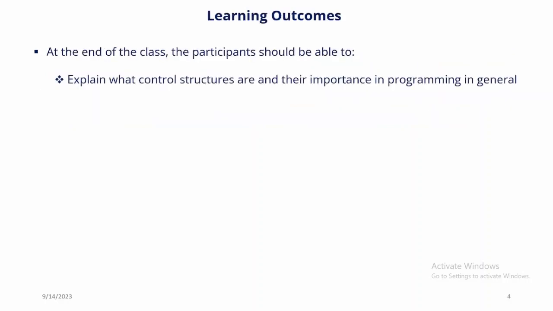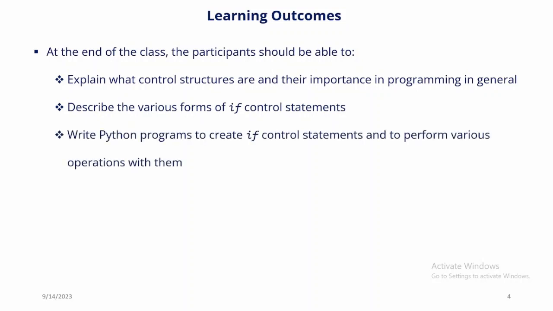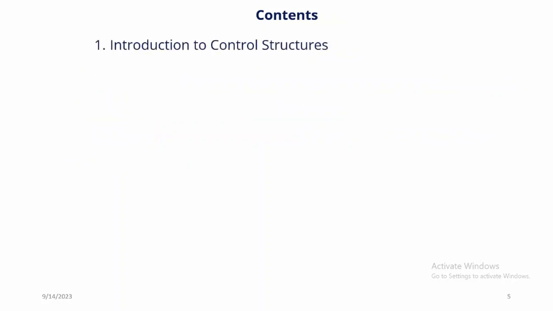At the end of this class, participants should be able to explain what control structures are and explain their importance in programming in general. Describe the various forms of if control statements. Write Python programs to create if control statements and to perform various operations with them. Content. Introduction to control structures.